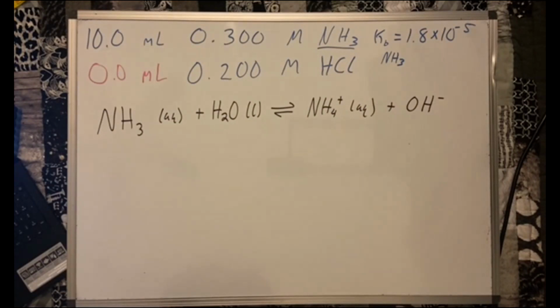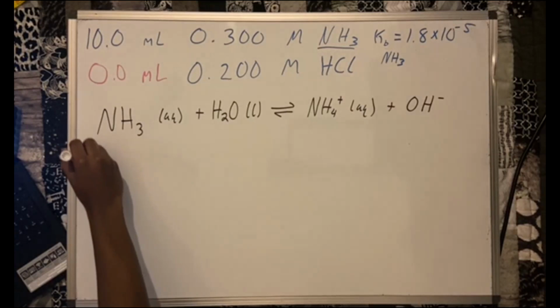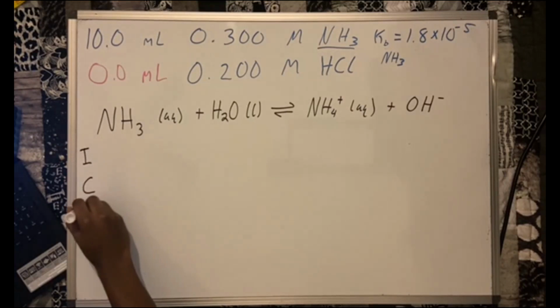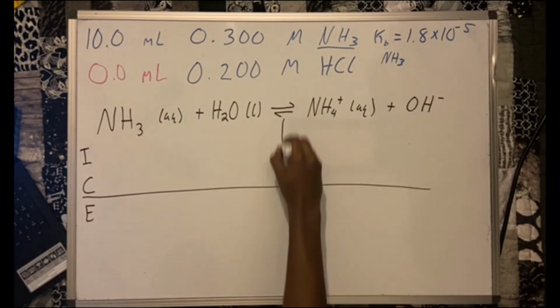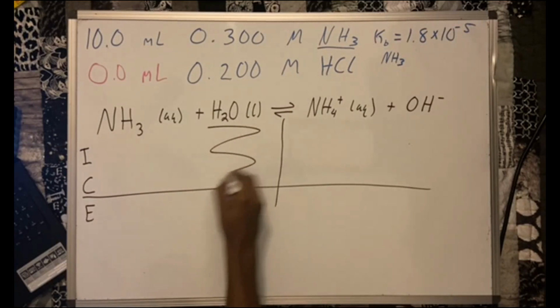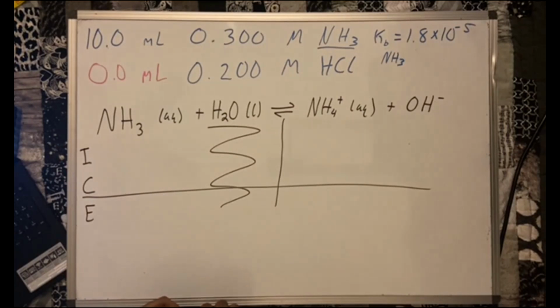Okay, insert ice table song here. I'm too lazy to pull it up. But now we do our ICE table, okay? We don't care about liquids in our ICE table.